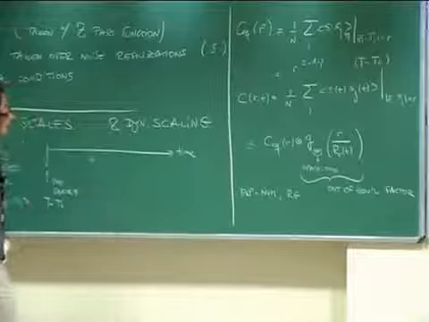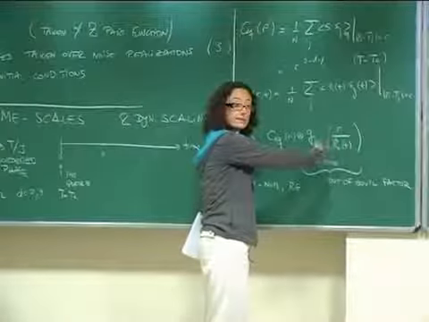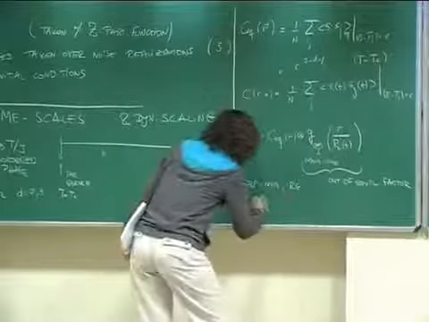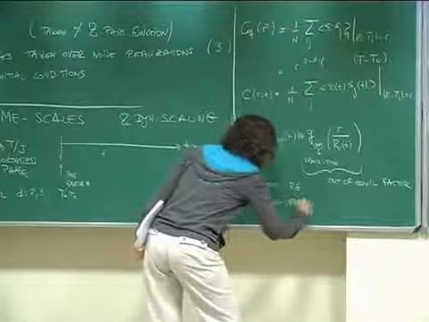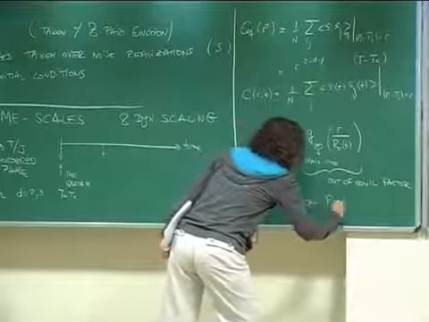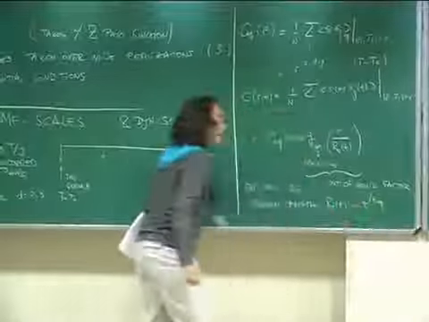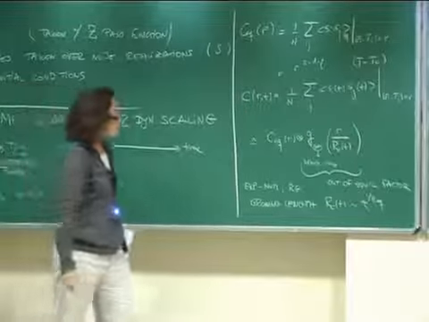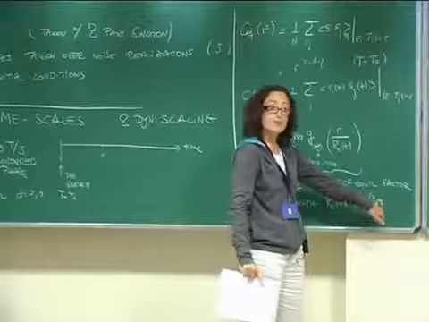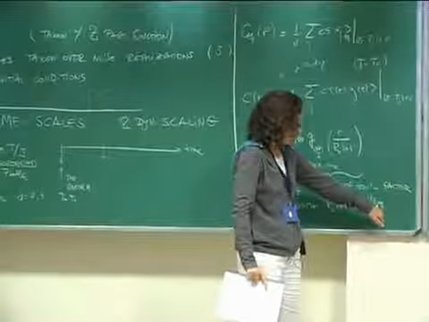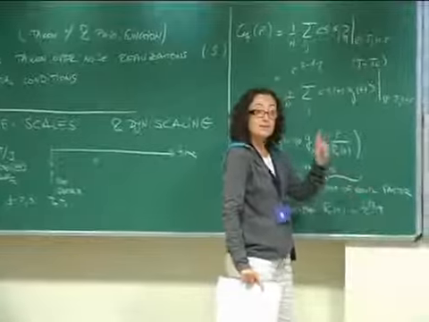What you can do in both cases is extract the functional form of this growing length, RC of t, and find that it goes like a power law with an exponent, which is what is called the dynamic critical exponent, and is the same value that you would find if you start your dynamics from equilibrium at the critical point.